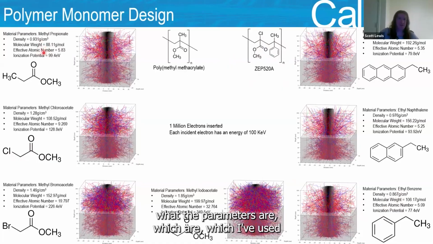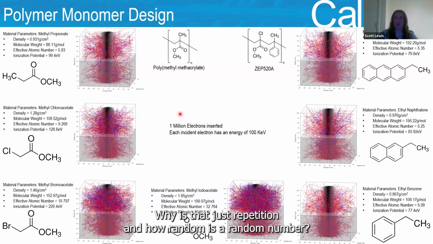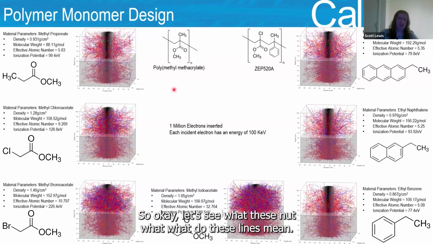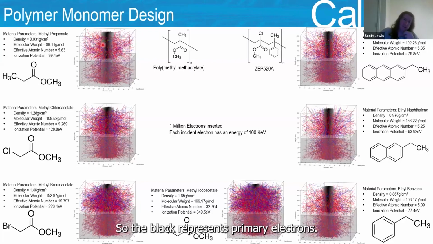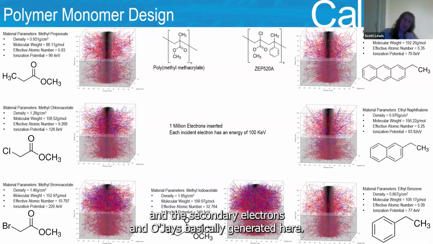So essentially, these are the parameters which I've used. I'm working at 100 kilovolts and 1 million electrons, and we discussed why I use that, because of repetition and how random is a random number. Not very. So let's see what these lines mean. The black represents primary electrons, the ones generated by your tool, and these secondary electrons and OJs are basically generated here.